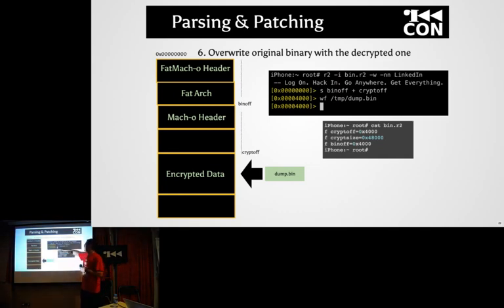And just seek to the binary offset inside the fat mach-o, plus the correct offset inside the mach-o file. And then just write the part that we already decrypted.